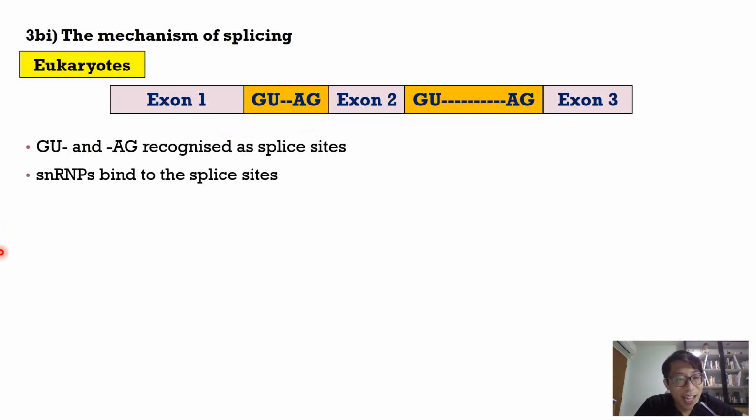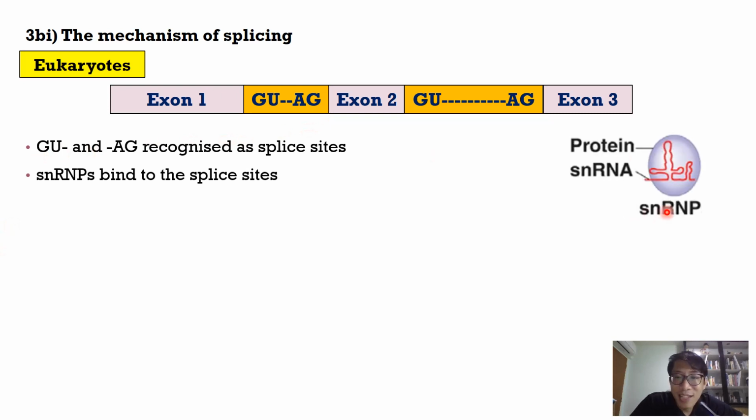What's going to happen is a type of protein complex called snRNPs will bind to the splice sites. If you look at the snRNP more closely, it's a complex of protein with a nucleotide sequence within it, an RNA sequence known as snRNA.